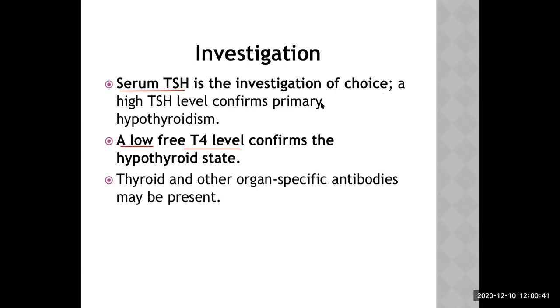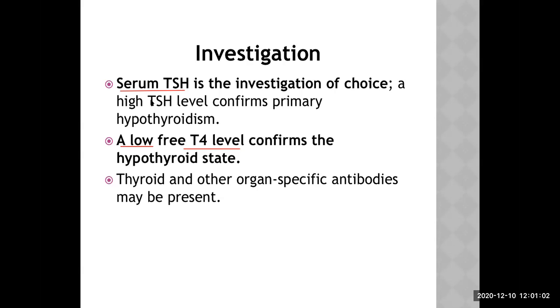That's why, to accommodate all these different causes, they have written serum TSH is the investigation of choice. But before that, I need to confirm this is a hypothyroid state. So low free T4 level is the first test which I see. Then I'll go for serum TSH.